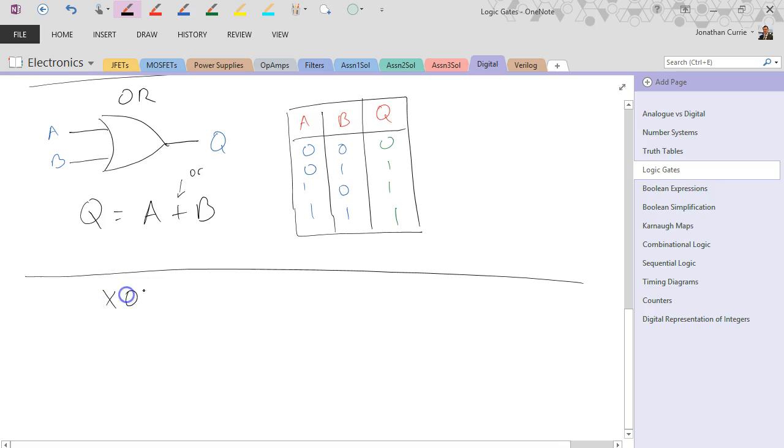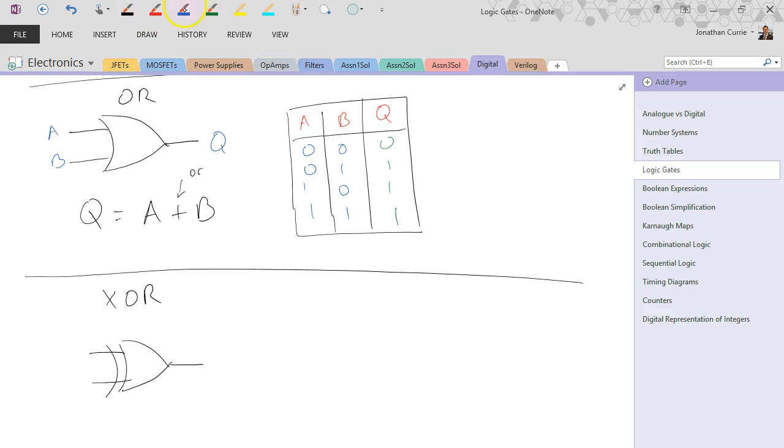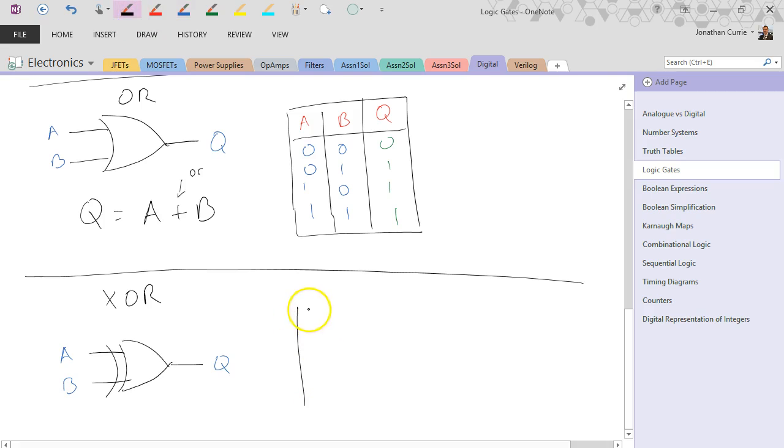Alright, and the last fundamental gate is the XOR, which is drawn like this. Also having two inputs, but it has a slightly more complicated truth table. Not overly, but slightly more complicated. A, B, and Q, 0, 0, 0, 1, 1, 0, 1, 1.